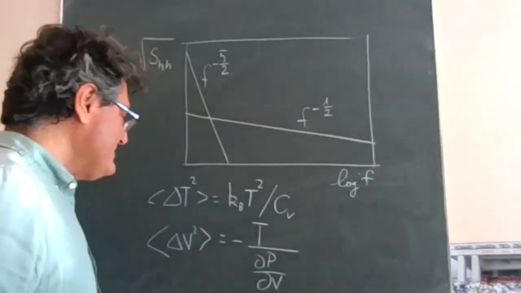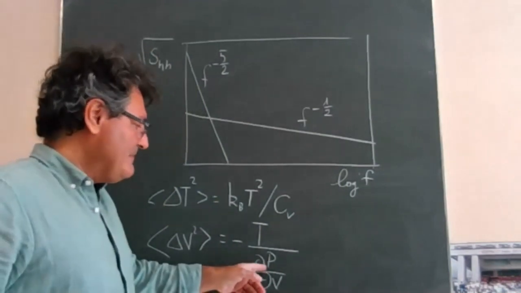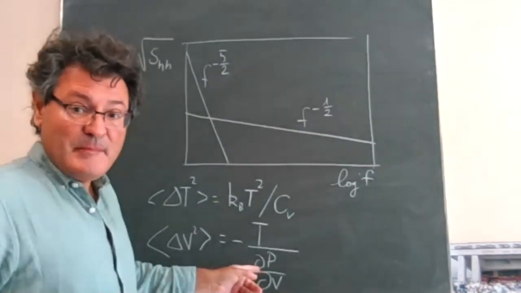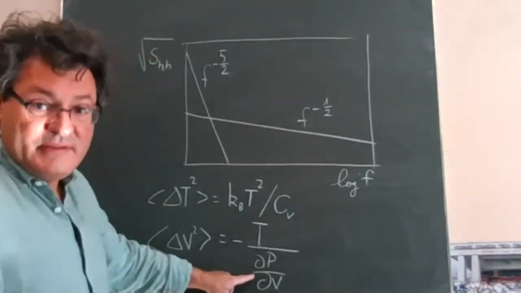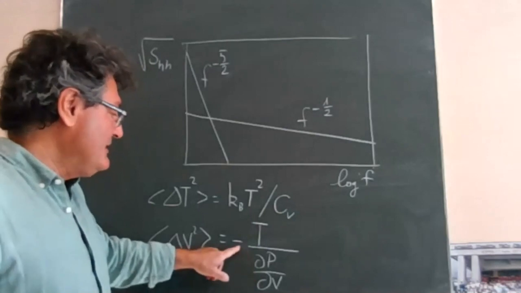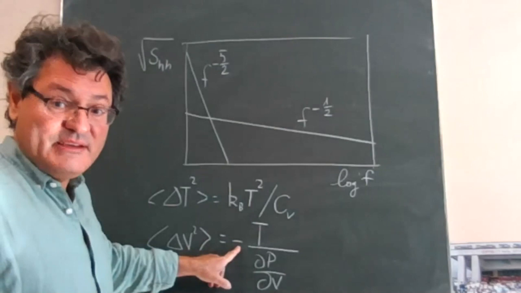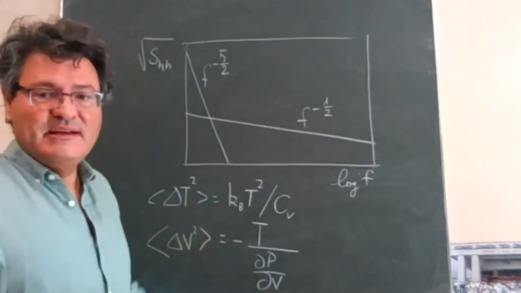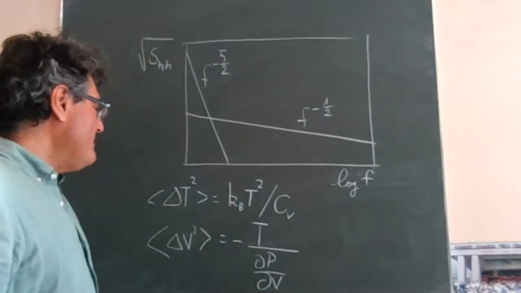Normally this is negative, so it takes out the negative that we have here, and this quantity becomes positive.